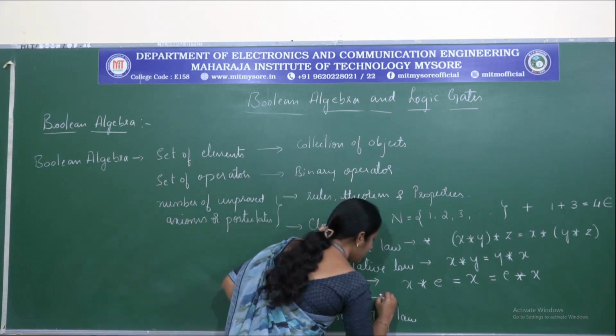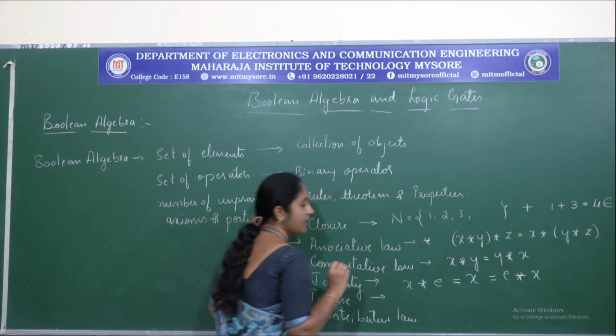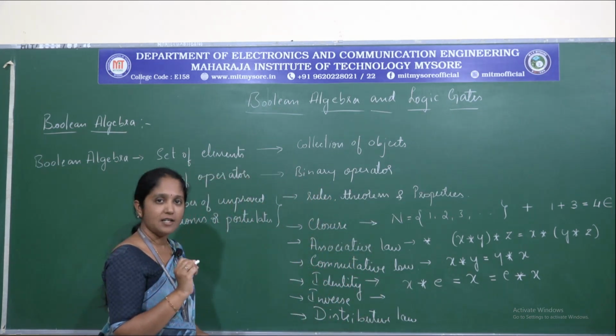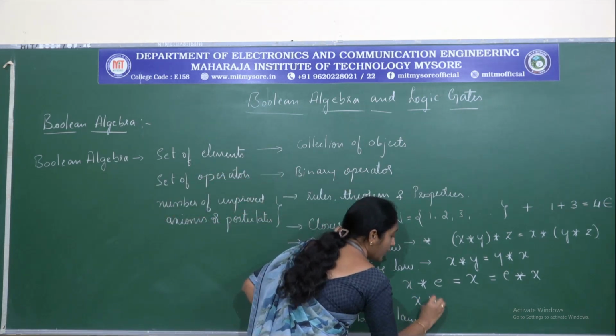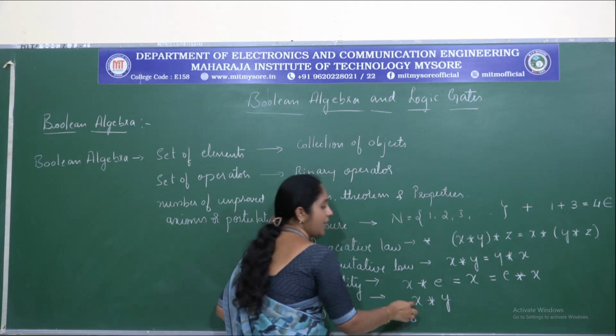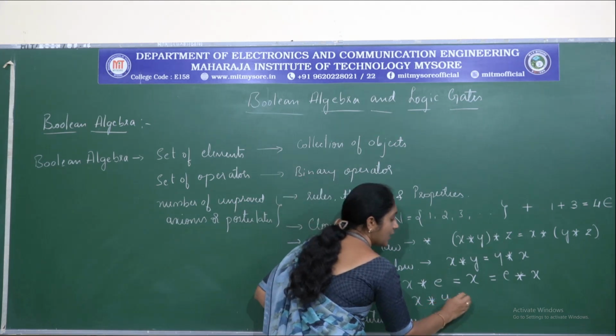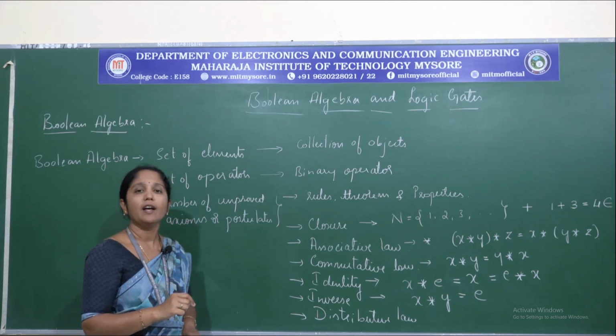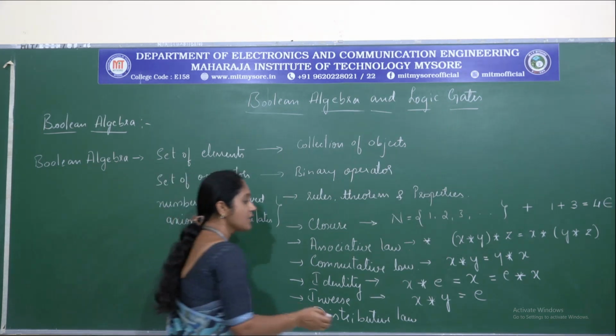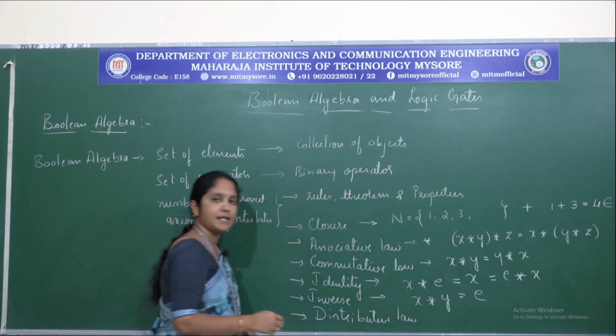The inverse property says that if a set has an identity element E, then for an element x there will be some element y such that x star y is equal to E. Whenever we have such a relation, we say y is the inverse of x.